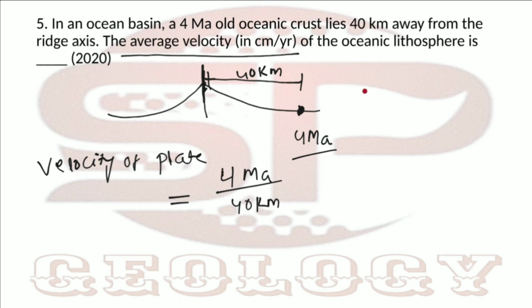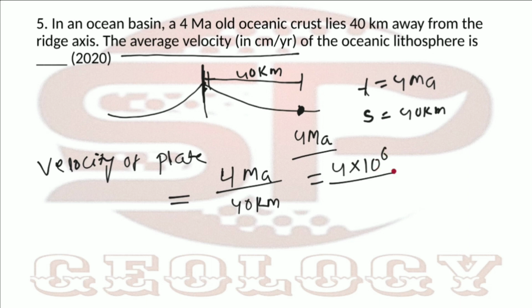We have time, that is 4 million years, 4 into 10 to the power 6 years. We have distance, that is 40 kilometers. So the velocity will be 40 kilometer by 4 million years, distance by time.